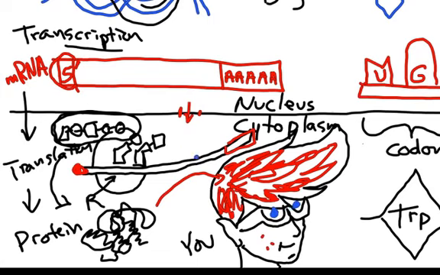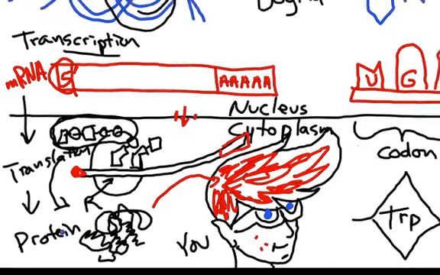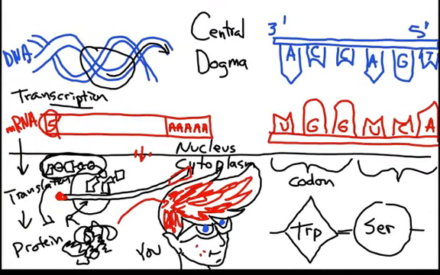And each of those is a protein, and that protein's message was in the messenger RNA. Before that, it was in the DNA. And so this whole process is called the central dogma. It's how we go from a message in the DNA to a message in the messenger RNA, and eventually we go to you. And so I hope that's helpful.